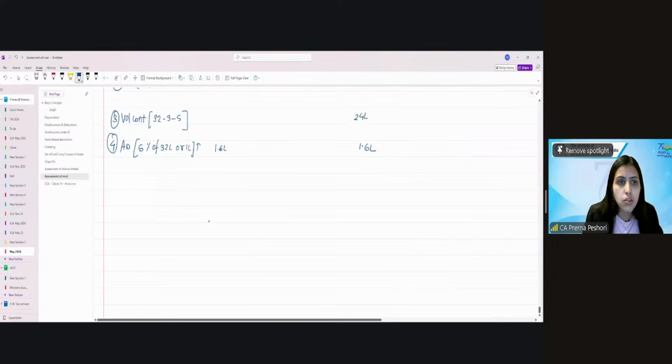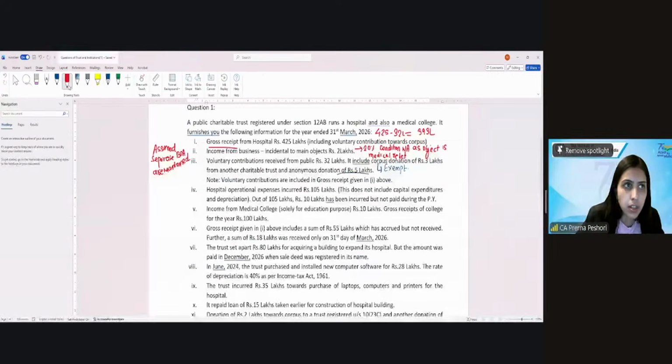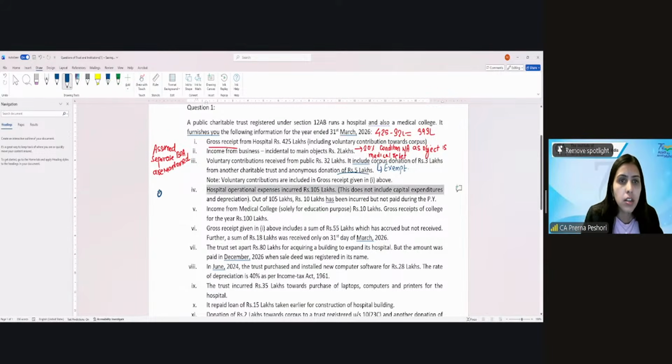So here I will consider from the application of income, operational expenses 105 minus 10 lakh. Right? So only expenditure paid is considered over here. Right? Fine.